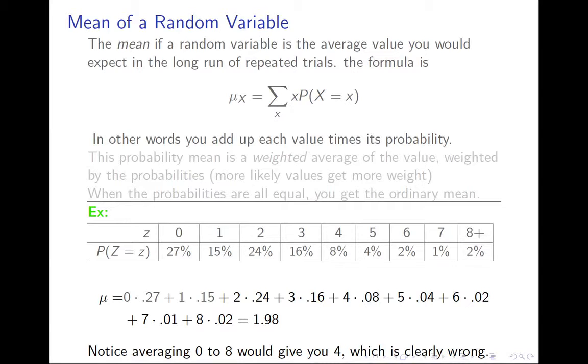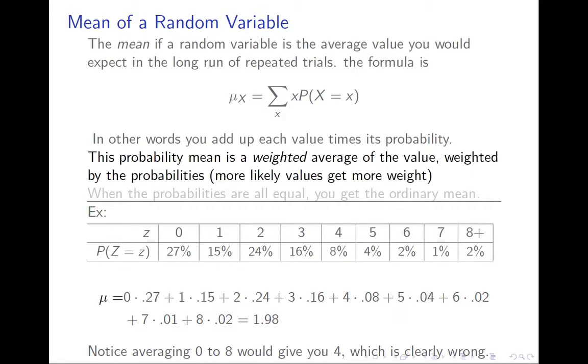What's going on here is that, of course, the reason 4 is a silly number, even though sometimes people have 8, is that a lot more people have 0, 1, 2, and maybe 3, and very few people have 6 and 7 and 8. So we have to weight the more frequent things more often. Multiplying the values times the probabilities does that.